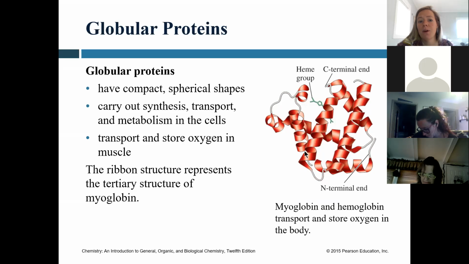These things do a lot with synthesis and also transportation. They're good at transporting oxygen in muscles. So the folding in and the riveting of this structure gives us this tertiary structure. This is myoglobin and hemoglobin, things that are in blood cells to transport oxygen.